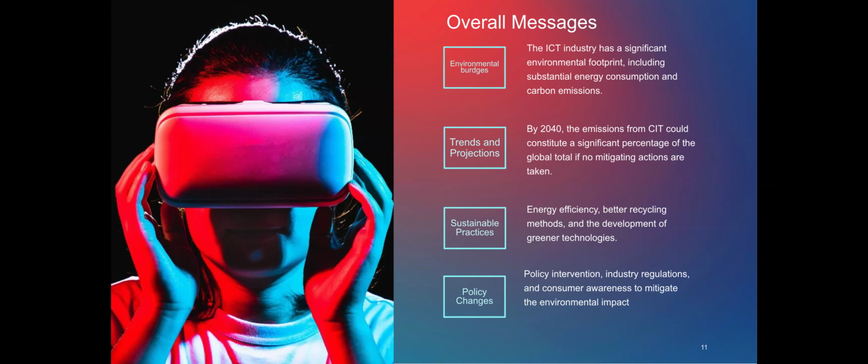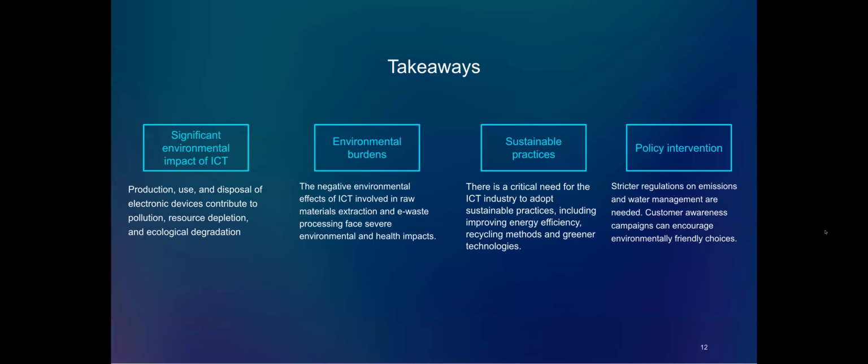The same goes for policy intervention, industry regulation, and customer awareness, which are indeed needed to mitigate the environmental impact. The takeaway echoes the overall message that significant environmental impact from ICT has been generated, and also environmental burdens have been created, based on the case study. Therefore, sustainable practice and policy intervention should be adopted to prevent things from getting worse.